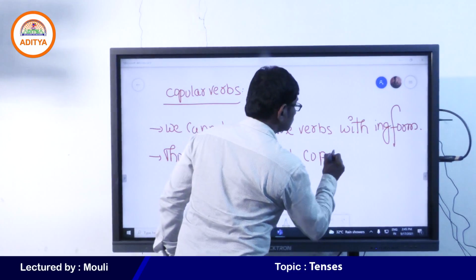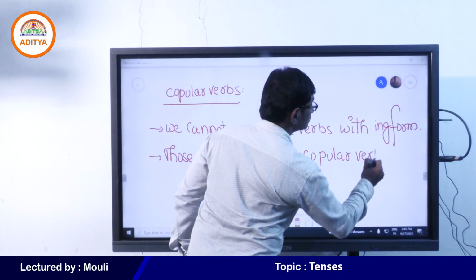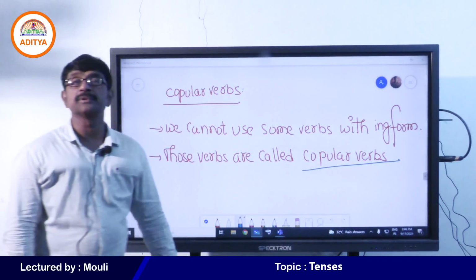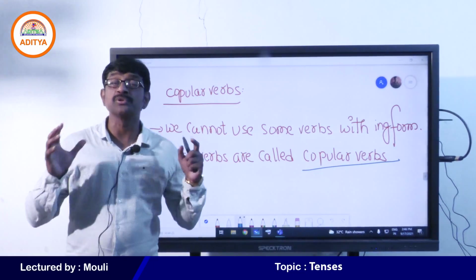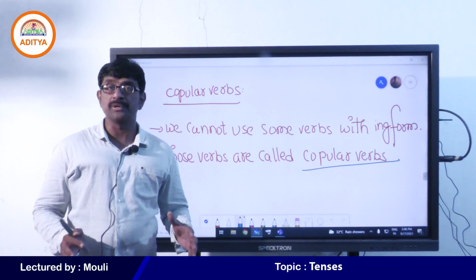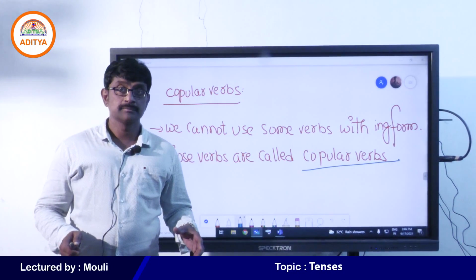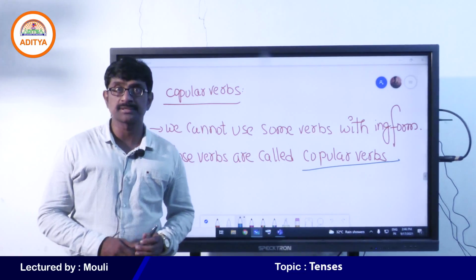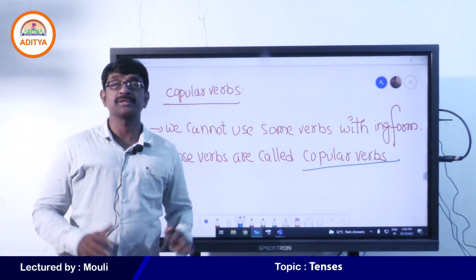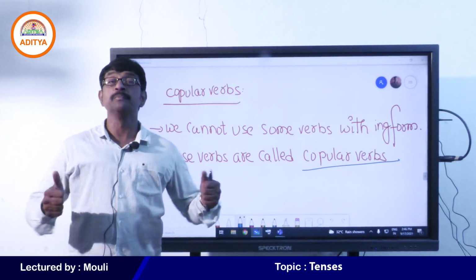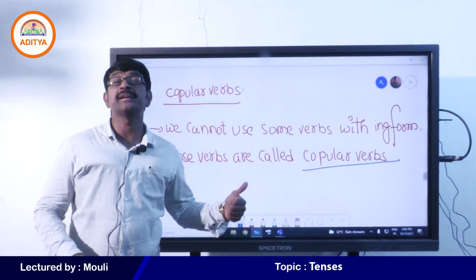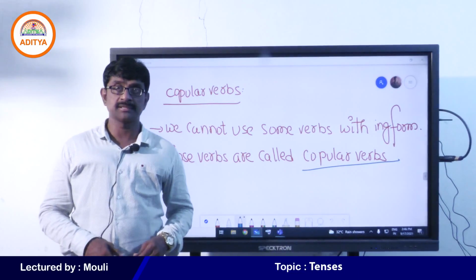Those verbs are called copular verbs. So students, we should be very careful with these copular verbs. We cannot use copular verbs directly in progressive tense. If you want to use a progressive action with these copular verbs, you may have other ways, but not a direct way in present progressive tense.